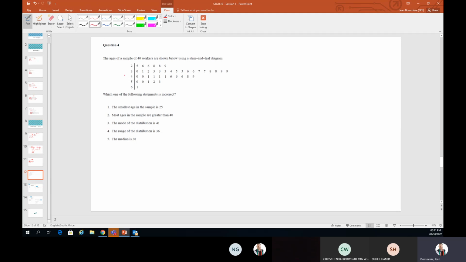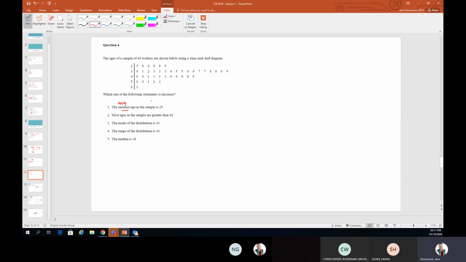So again, now you will see they're talking about smallest, which is your minimum. They're talking about most ages in the sample are greater, so you need to see where most of your numbers are sitting. They're talking about the mode, the range, the median.